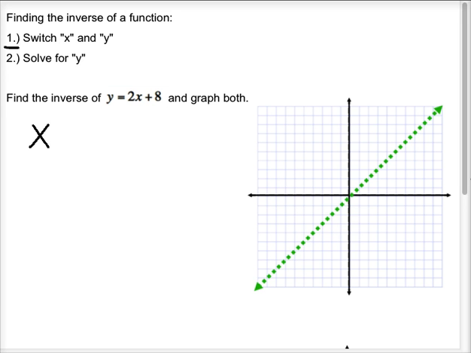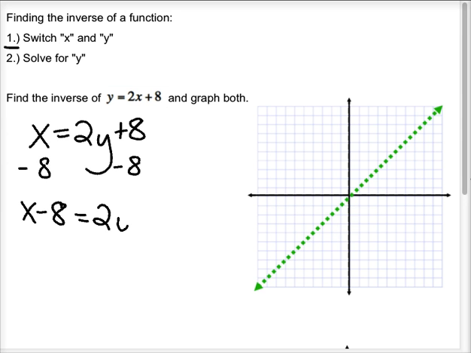All right, so step 1, switching x and y. I'm going to switch this to x equals 2y plus 8. But now we want to solve it for y. We're not finished yet. So how am I going to solve this for y? Well, I'm going to subtract the 8 over. So I'm going to have x minus 8 on this side equals 2y.